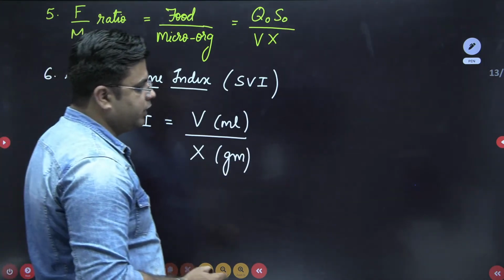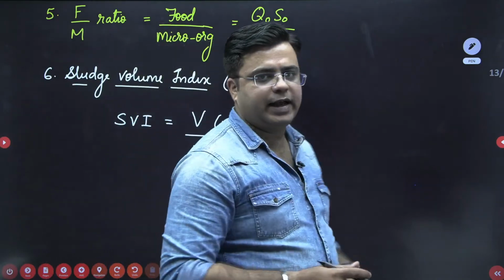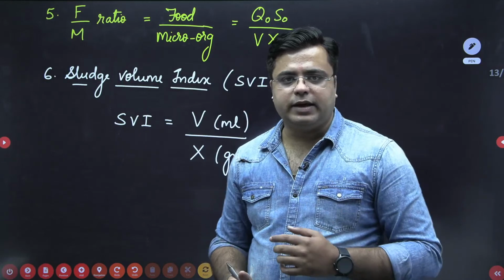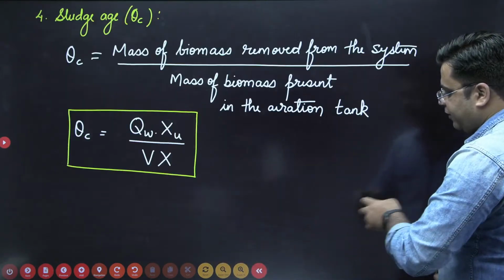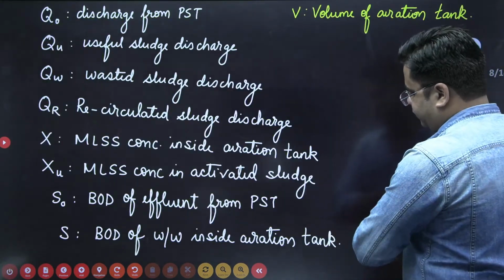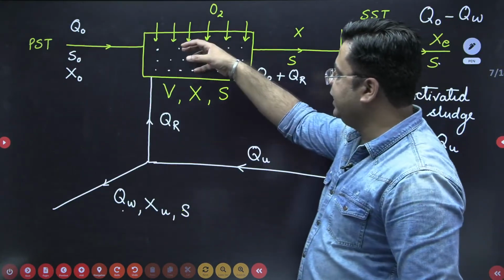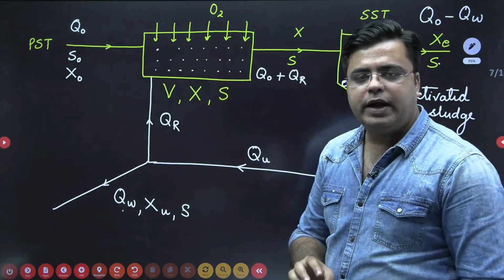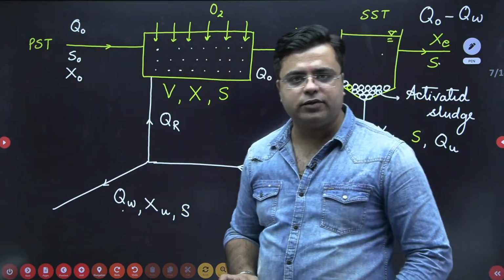Okay, so what you do is, from the aeration tank, you have this mixed liquor. You take 1 liter of this mixed liquor, right, inside the aeration tank. When you look into this diagram, from this aeration tank, you take out 1 liter of this mixed liquor. It will contain some concentration of suspended solids.